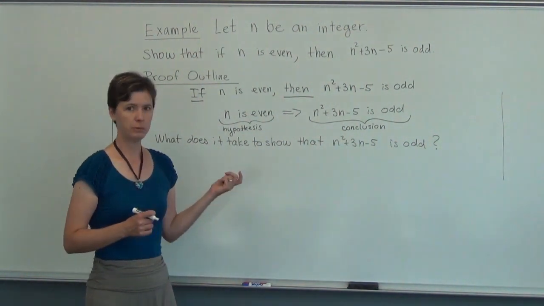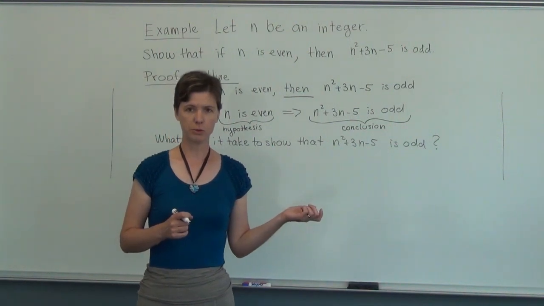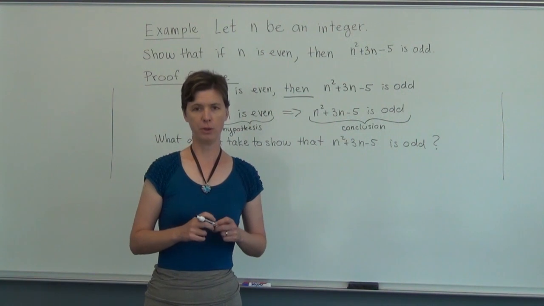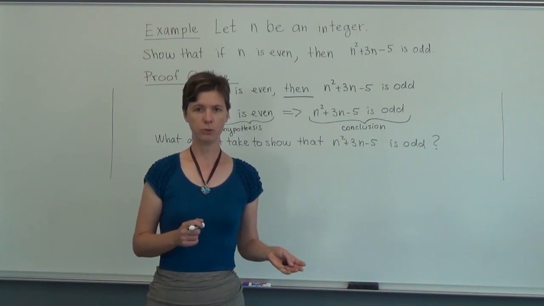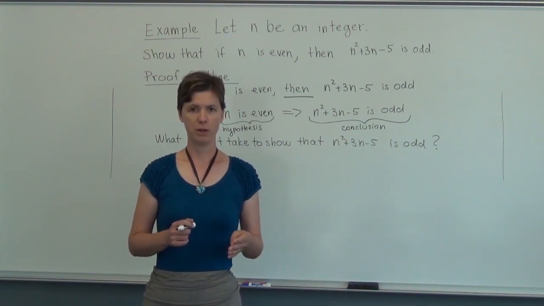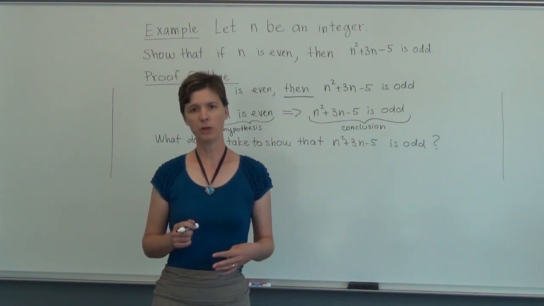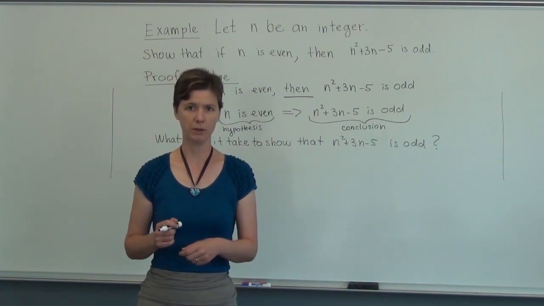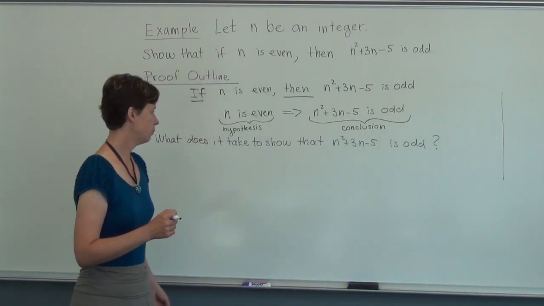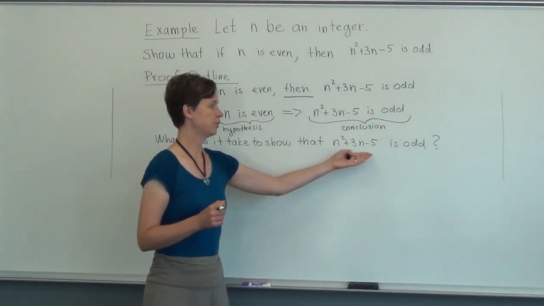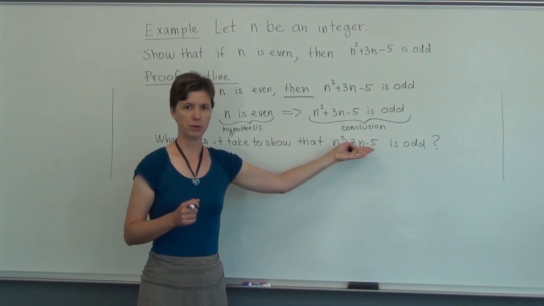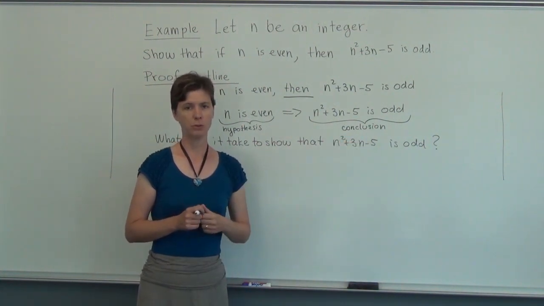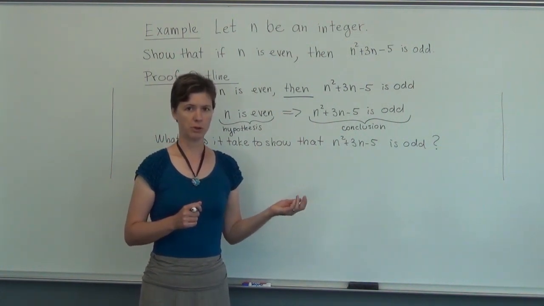Well, remember when we talked about even and odd numbers, we learned that all even numbers can be expressed in the form 2 times an integer. And odd numbers are the ones that can be expressed as twice an integer plus 1. So in order to show that this is an odd integer, we'll have to express it in the form 2 times an integer plus 1.